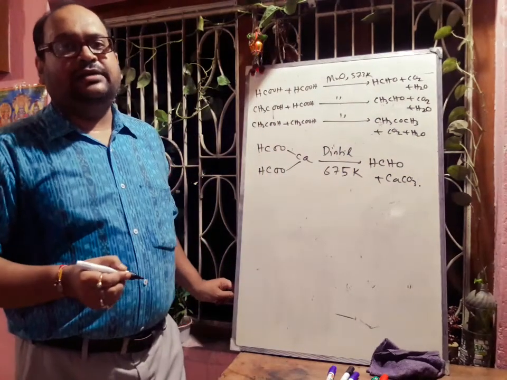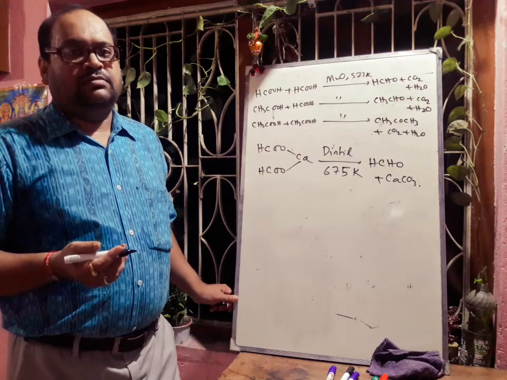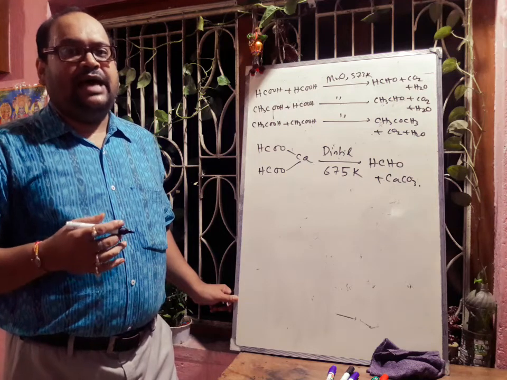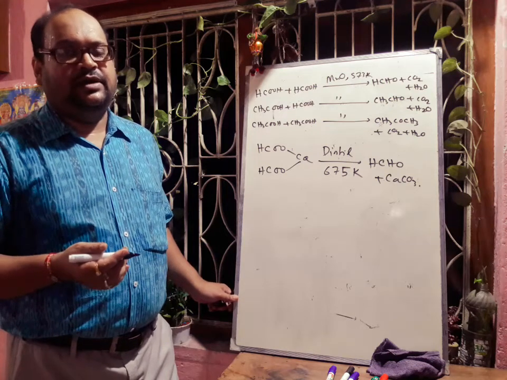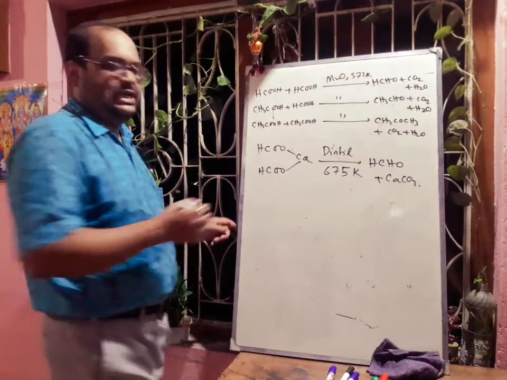But if we take the calcium acetate, if we distill calcium acetate, then what will be the product? The product will be acetone.